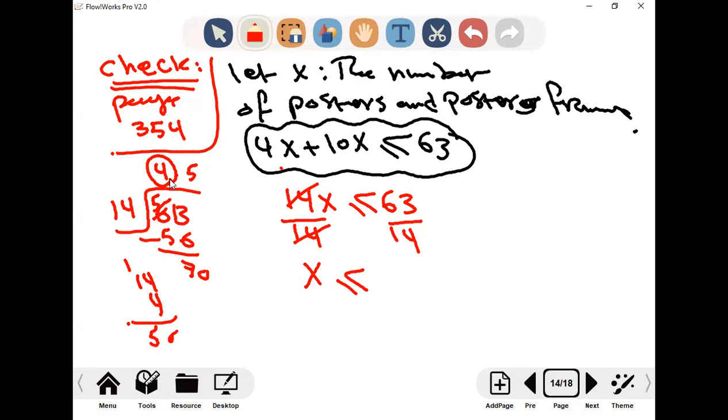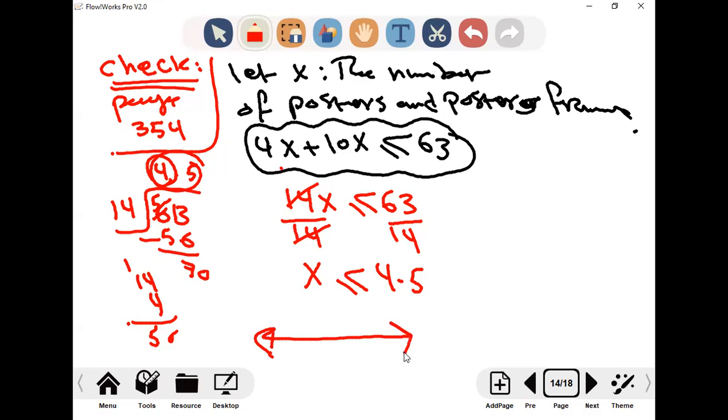Because x less than or equal to the answer of 63 divided by 14, which is 4.5. x cannot be 5. So x, the greatest number he can buy, is 4.